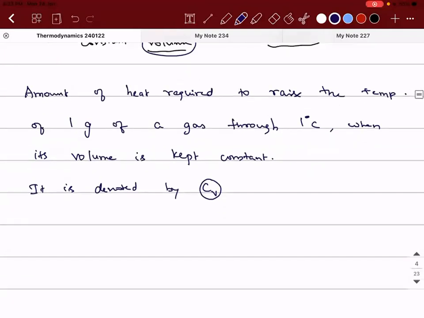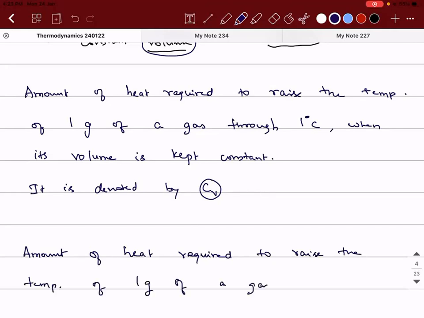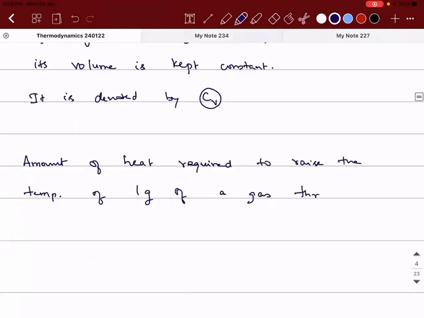Similarly, what do you mean by specific heat at constant pressure? It is the same definition: the amount of heat required to raise the temperature of 1 gram of a gas through 1 degree Celsius at constant pressure.